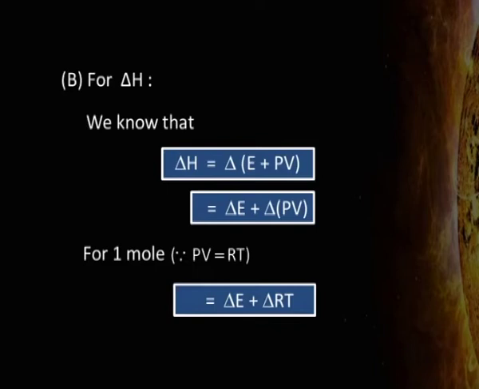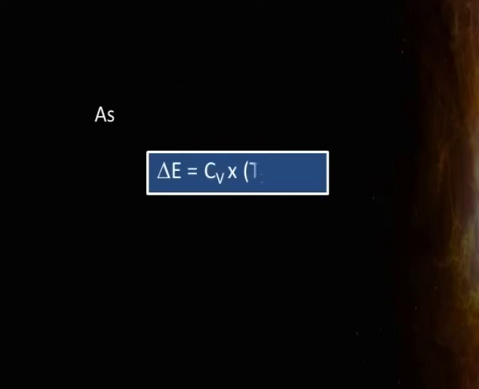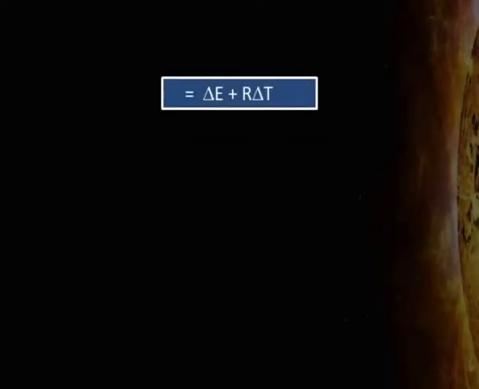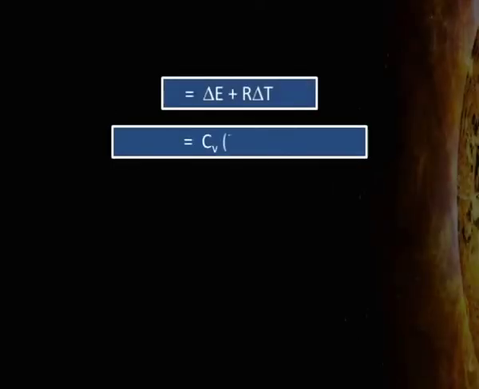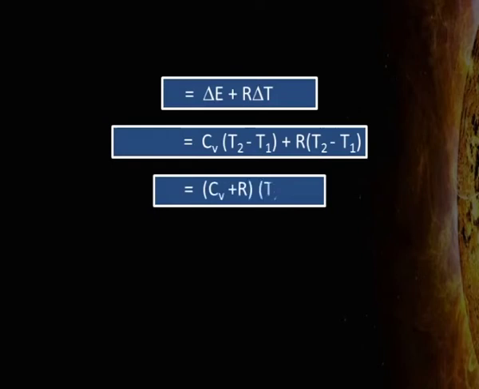As R is a constant, this equation can be written as delta H equal to delta E plus R delta T. As delta E is equal to Cv into T2 minus T1, therefore, we can say that delta H is equal to Cv times T2 minus T1 plus R times T2 minus T1. Taking T2 minus T1 common, we will get Cv plus R multiplied by T2 minus T1.